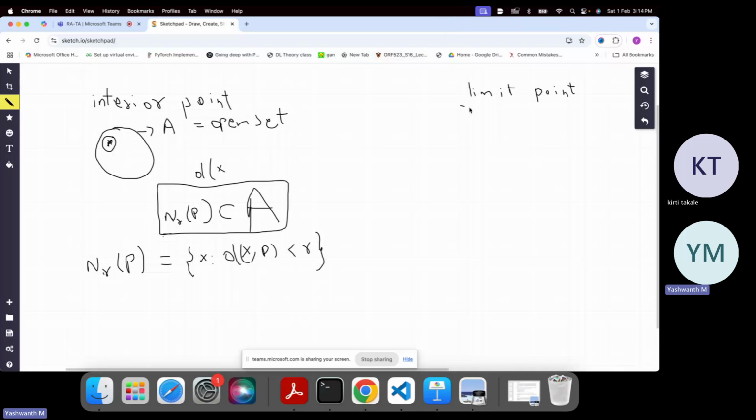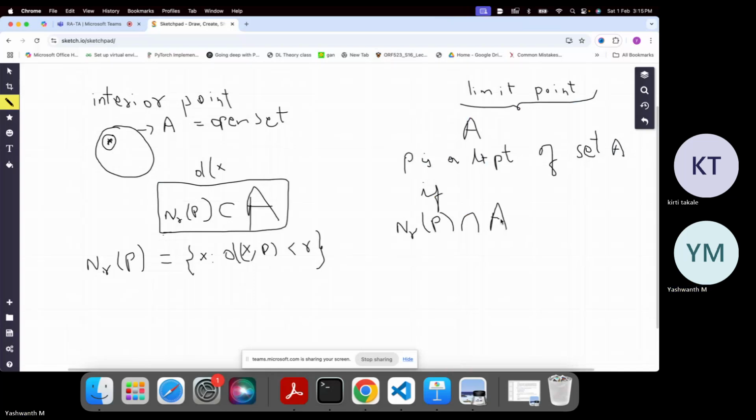Okay, and now coming to a limit point. Let's say there is a set A and a point P. P is a limit point of set A if you draw a ball around P, and this ball should intersect A, and this intersection cannot be an empty set.